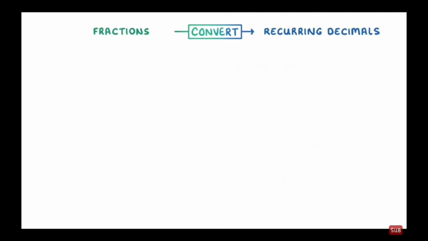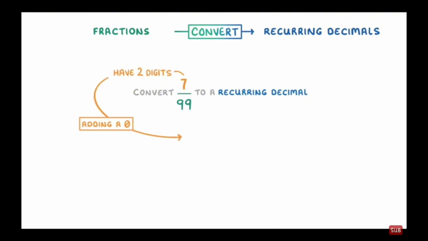However, if we had to convert 7 over 99 into a recurring decimal, we'd first of all need to make our numerator have 2 digits, because our denominator has 2 digits. We can do this by adding a 0 to make the 7 become a 07, because this has exactly the same value, but now has 2 digits rather than 1, and it will still be over 99.